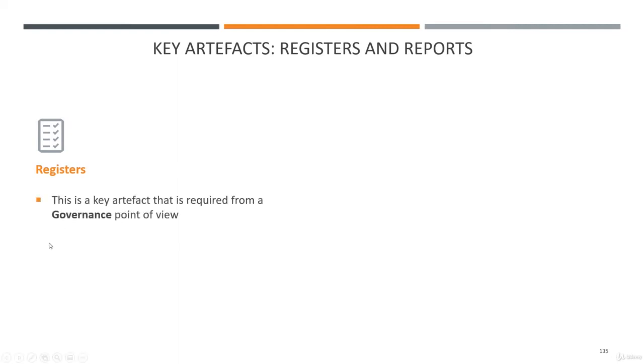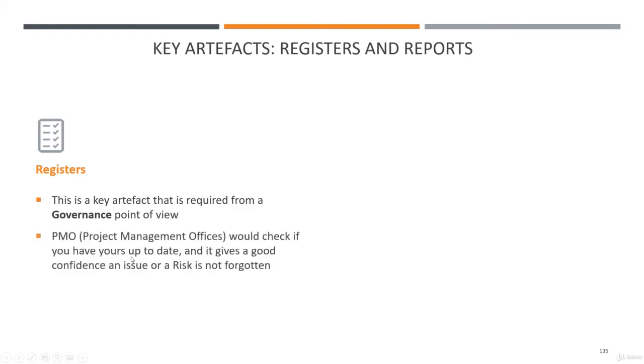So also that doubles up with the fact that it's a key governance artifact. So project office, even if they're not interested in your issues or in your risk, knowing that you have this up to date, that will make them relax. So they would be interested to see if you have yours up to date. We've said that already.